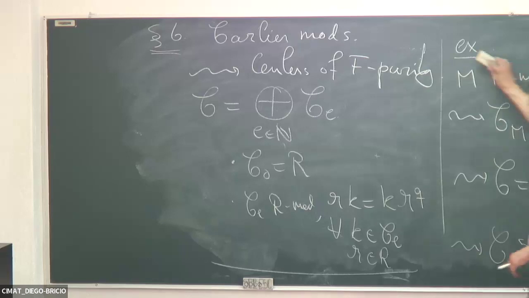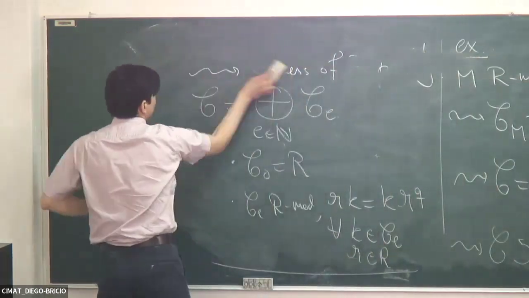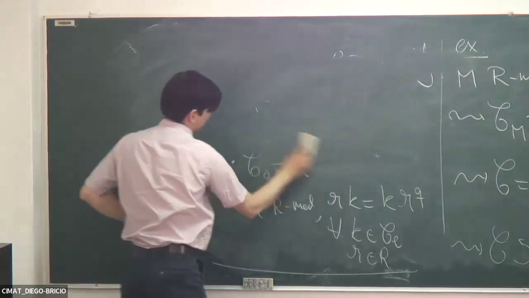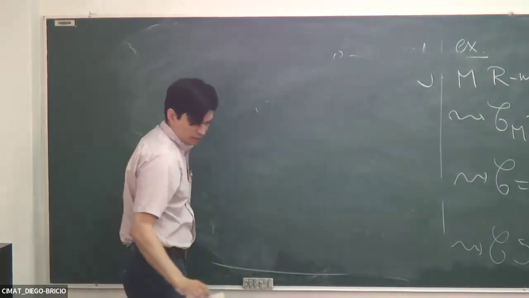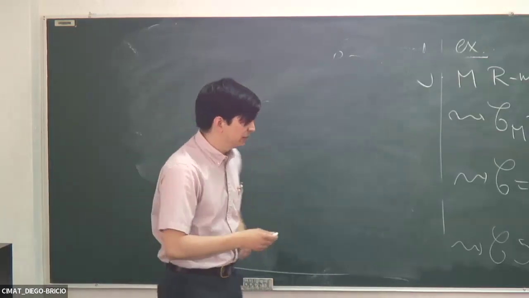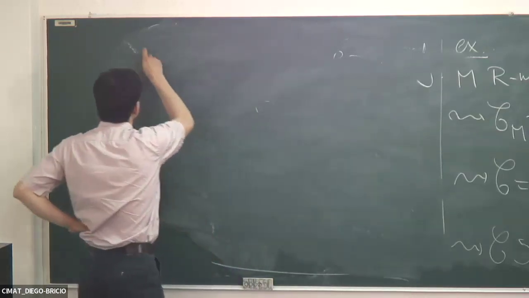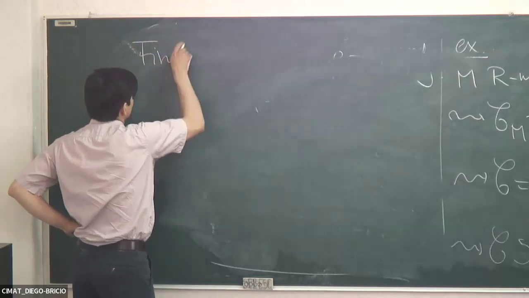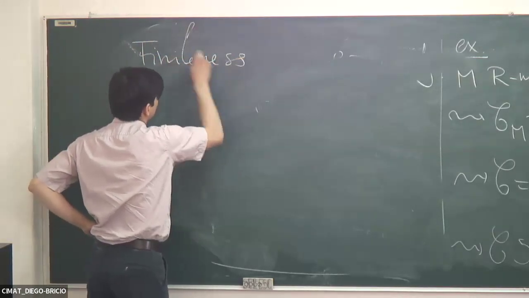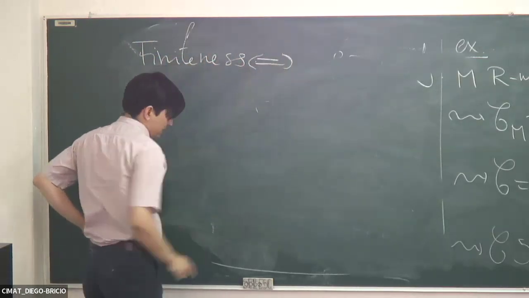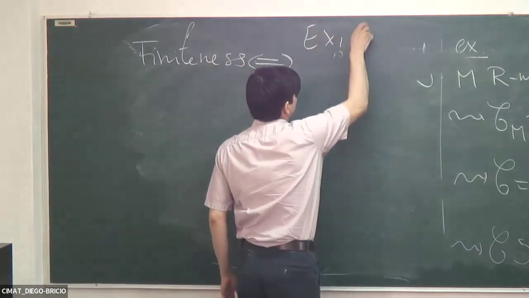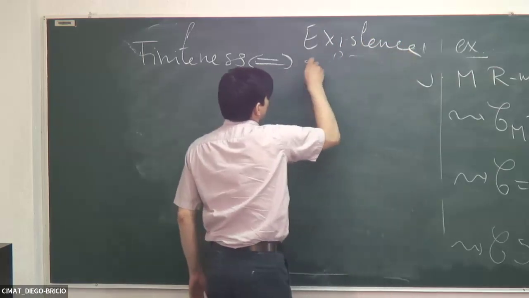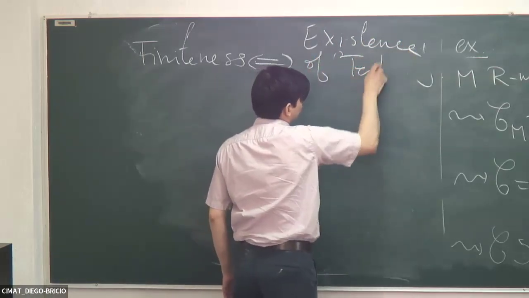The other day, or before the break, we were talking about this finiteness thing. One of the motivating reasons for that is that this finiteness is equivalent to the existence of test modules.